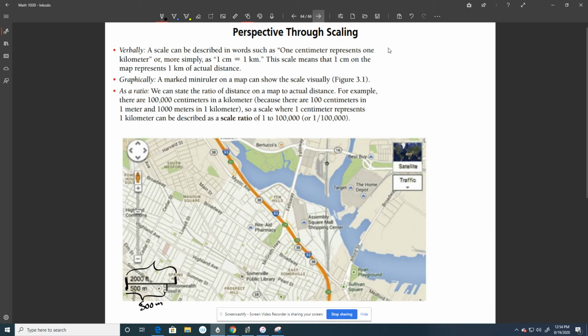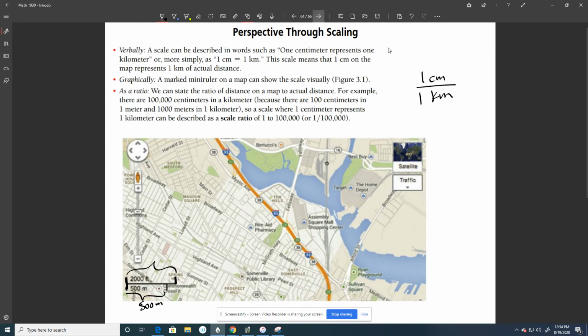Or we write it as a ratio, which is way more common than a lot of these other ones. We write it as a ratio, comparing one thing to another. So we might say that 1 centimeter is being compared to 1 kilometer.